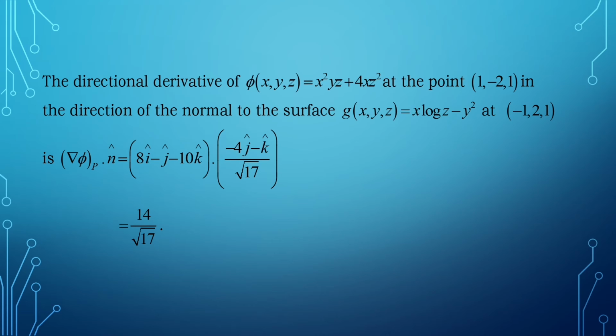The dot product is 14 by root 17, which is the required directional derivative of the given surface in the direction of the normal to the second surface G of x comma y comma z equals x log z minus y square at the point Q. We are done.